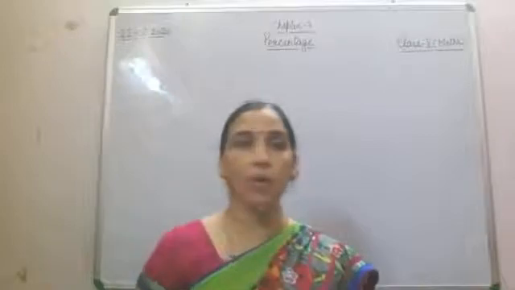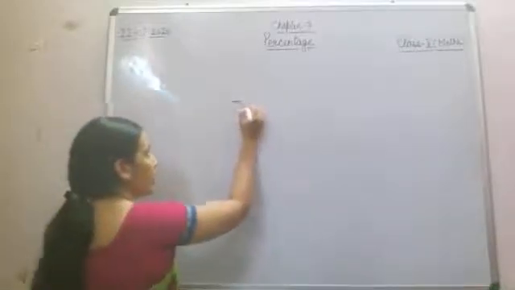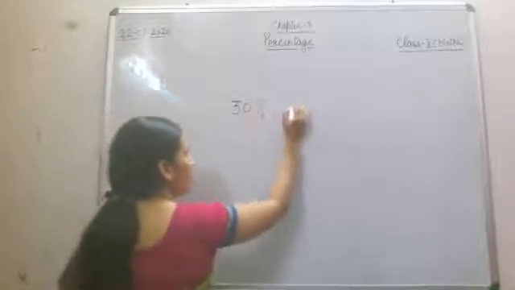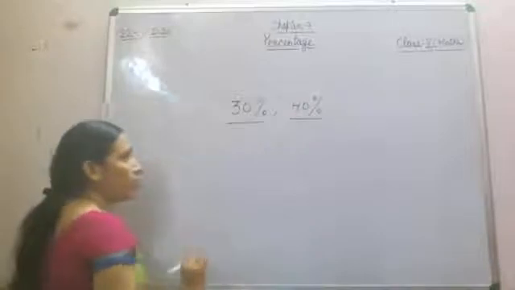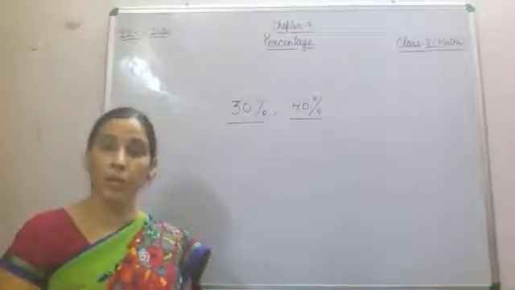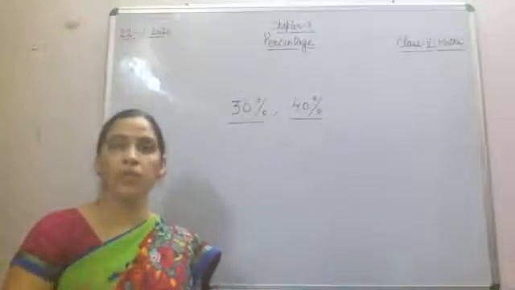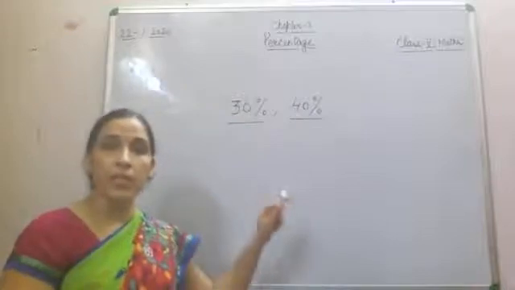Let us understand what it means. Here 30% or 40%, these kinds of things you might have seen in the market. Some logos you have seen, on some discount coupons also you have seen these kinds of things.